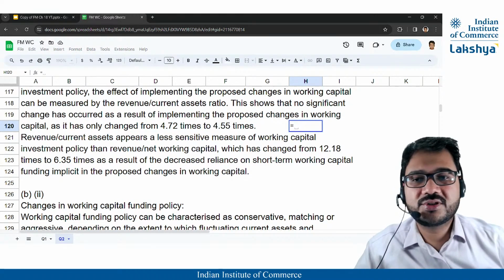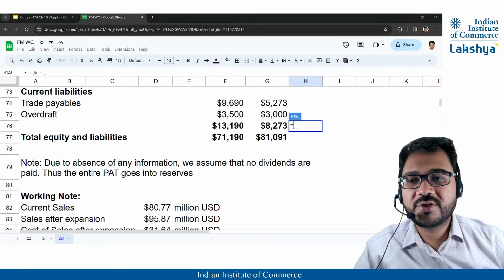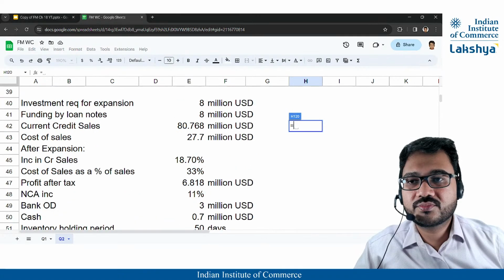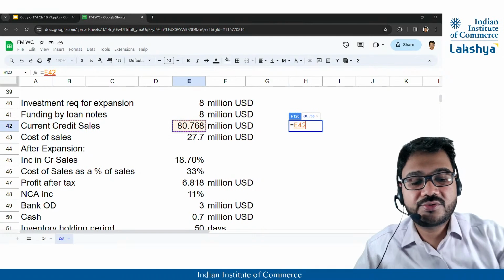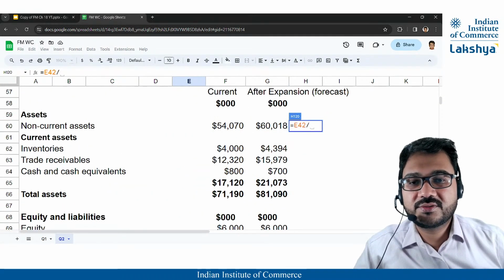It's simple. You just take revenue. So old revenue divided by current assets.